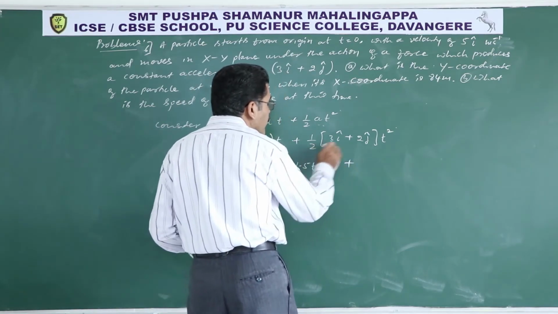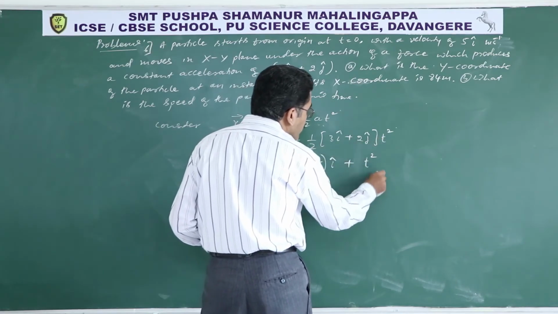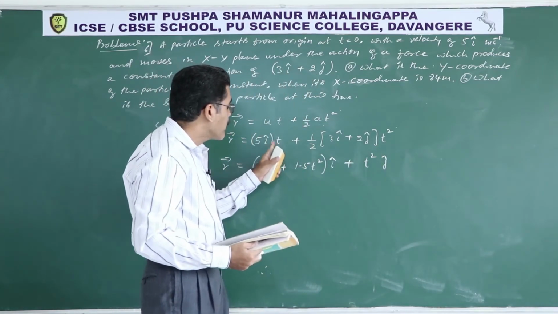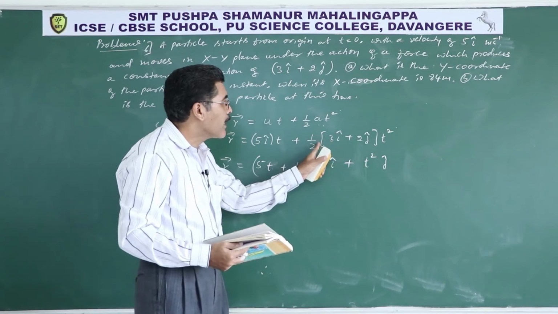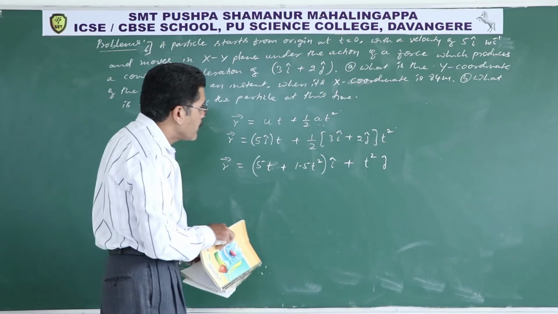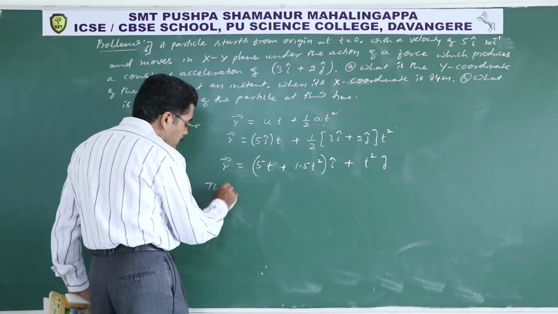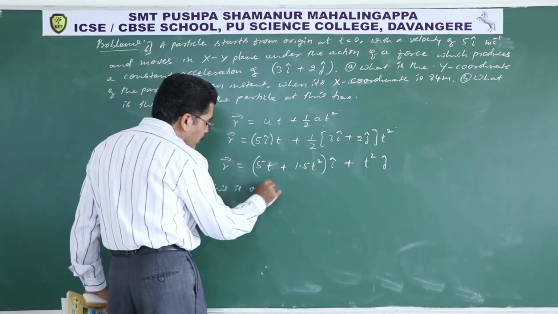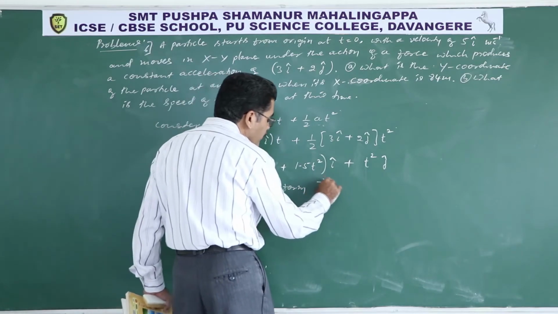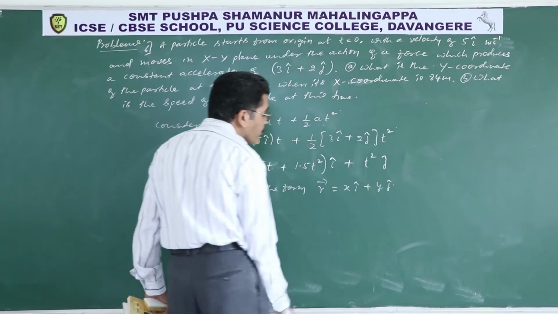Plus, in j cap, t square into j, 2 by 2 is 1, so t square into j cap. Have you got my point? I am arranging i cap on one side. See, this is of the form r is equal to x into i cap plus y into j cap.